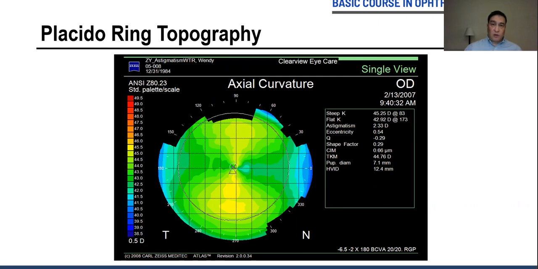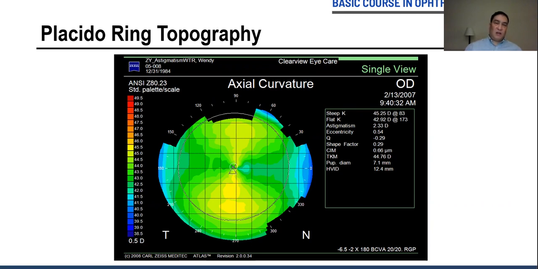Here it shows you the steep K is 45.25 and the flat is 42.92, giving you an astigmatism of 2.33, which is a moderate amount of astigmatism. When you see the upright figure of 8, then you will more or less denote that this is a with the rule astigmatism, where the steep meridian, again, I repeat, the steep meridian is superior inferior, and the flat meridian is around the 180 axis.